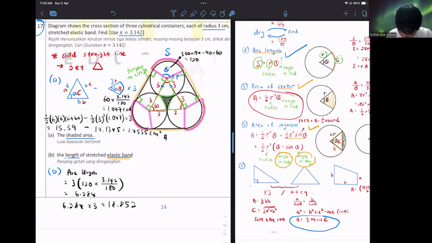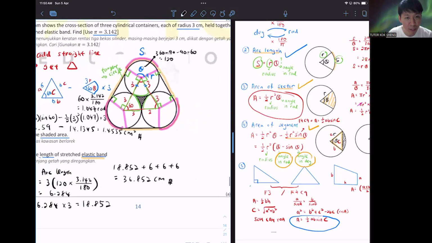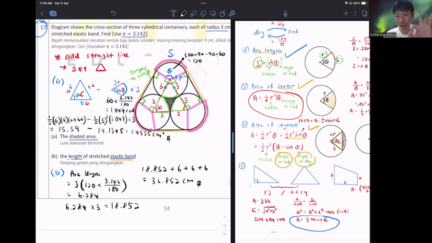So 18.852 plus 6 plus 6 plus 6, that is 36.852 cm. This is the length of the elastic band. Is the answer correct? Correct. Okay.